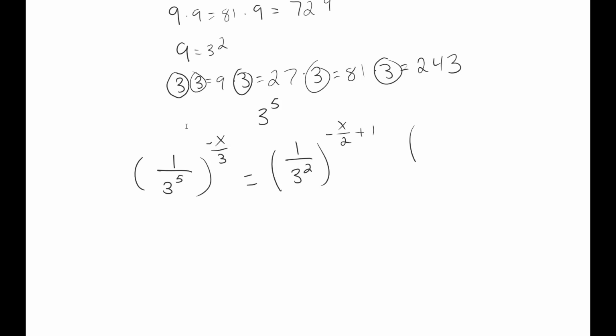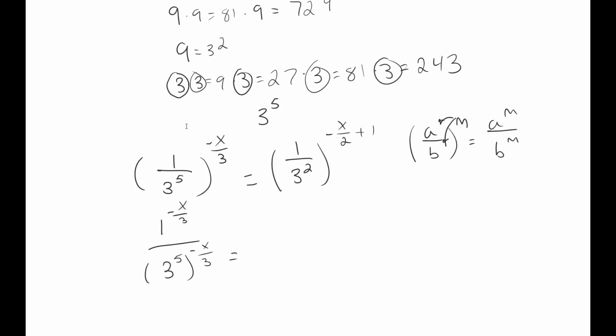A quick way of seeing that is that if you have a divided by b to the mth power, you can let this be equal to a to the m over b to the m. So we are going to rewrite this problem as 1 to the negative x over 3 divided by 3 to the 5th to the negative x over 3. And this is equal to 1 to the negative x over 2 plus 1 divided by 3 squared to the negative x over 2 plus 1.